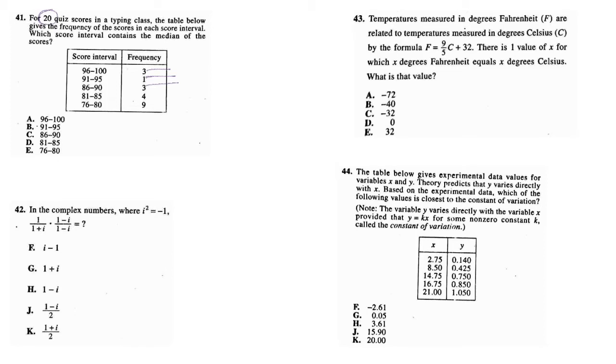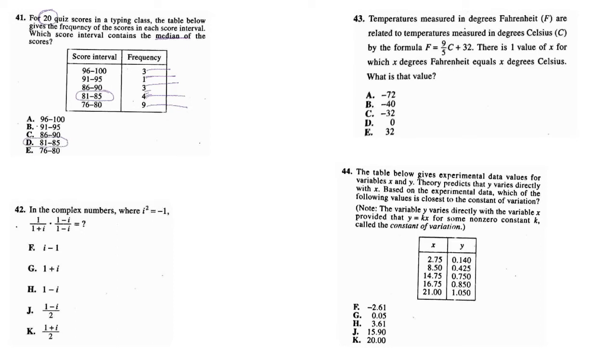Well, my goodness, and then there's 9. And then 10 and 7, 8, 9, 10. So I would think right in here, because if we want the median, we're looking for that number in the middle. So it looks like from 81 to 85. So it's going to be answer choice D.